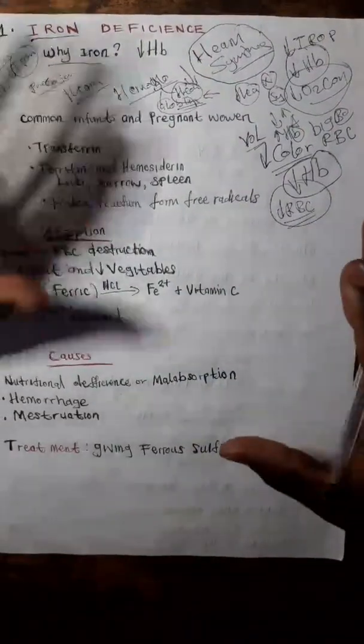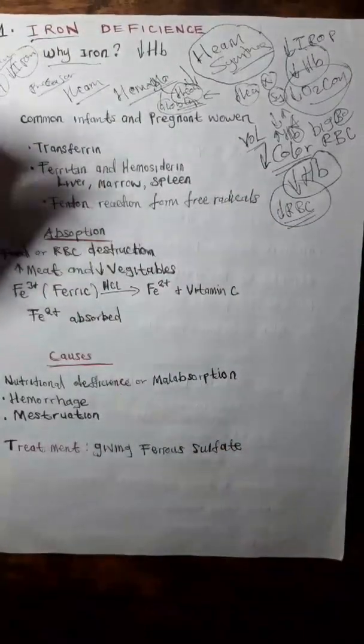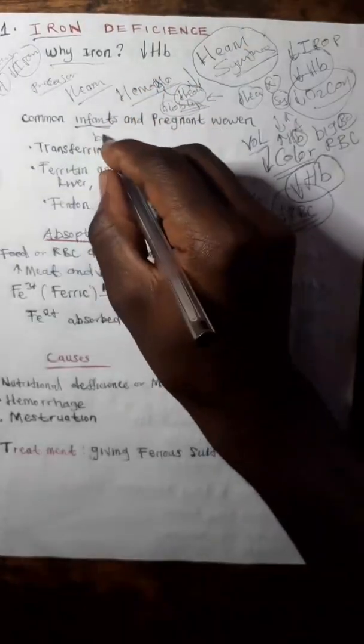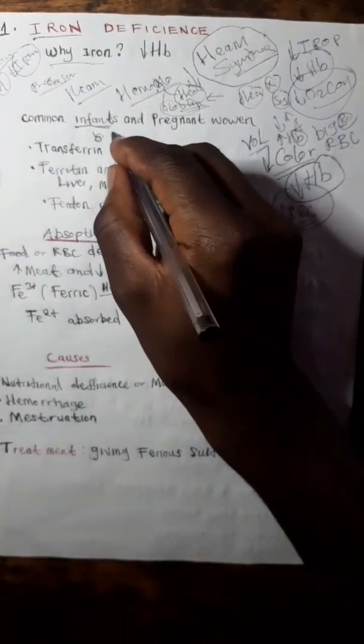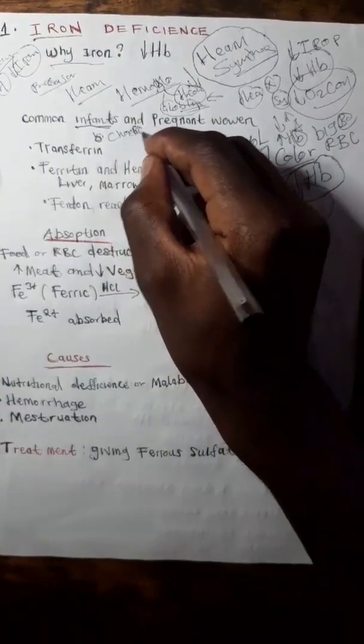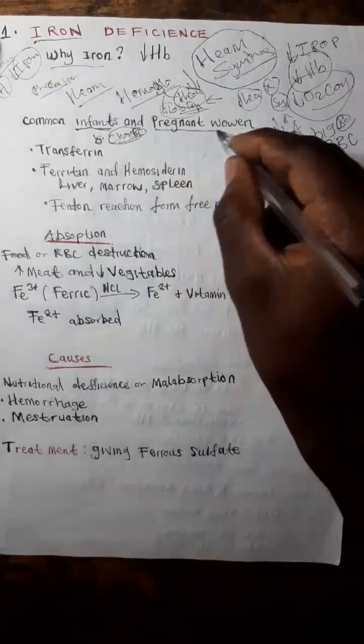Now, where do you think iron deficiency anemia is common? One, it is mostly common in infants. They become choosy. They are picky when it comes to what to eat. Then also pregnant women.